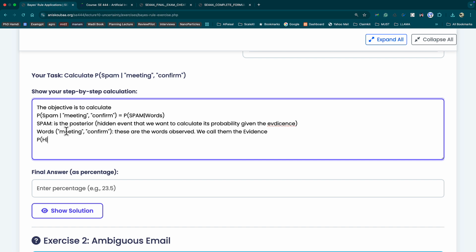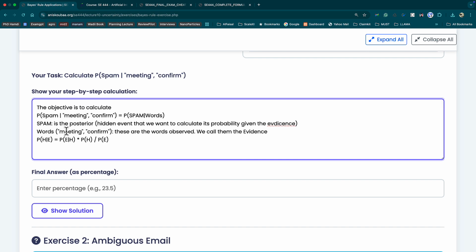According to the Bayes rule, the probability of the hypothesis given the evidence equals the probability of the evidence given the hypothesis multiplied by the probability of the hypothesis, divided by the probability of the evidence.